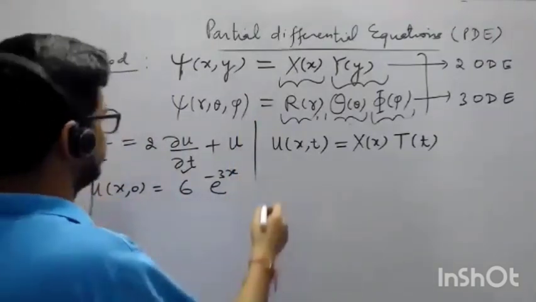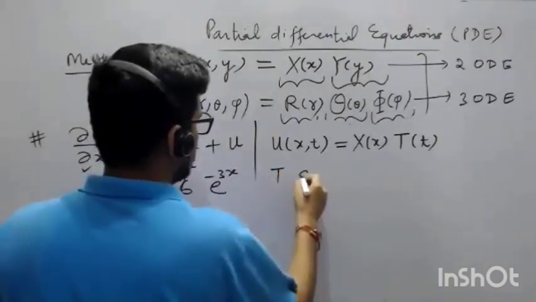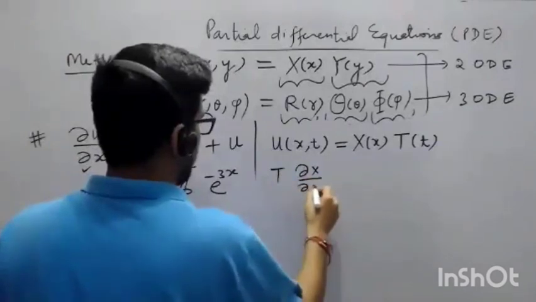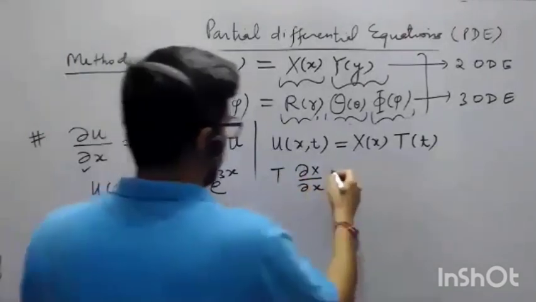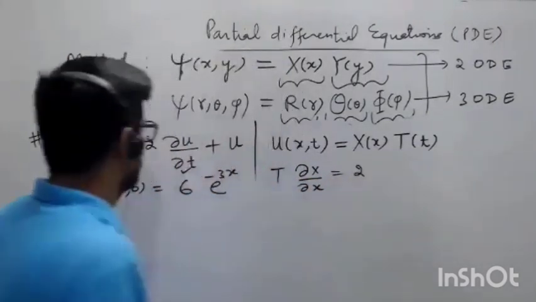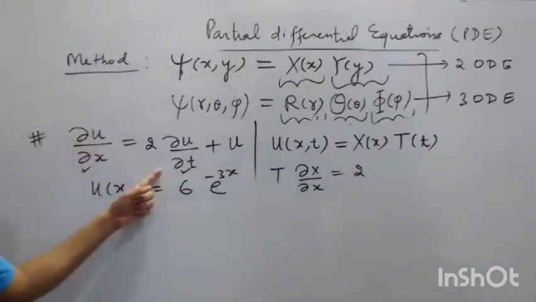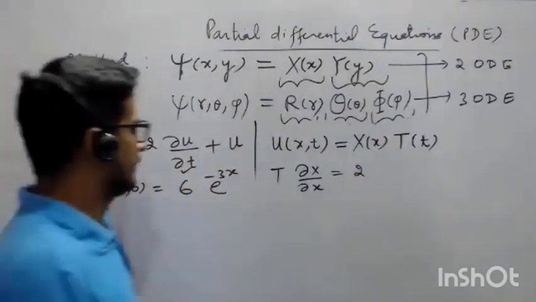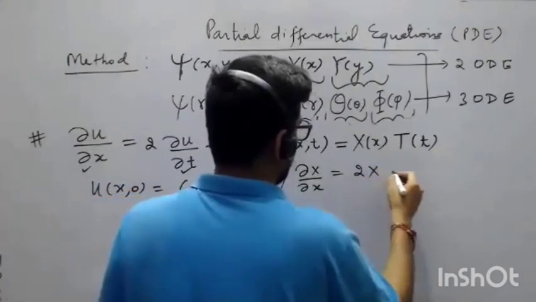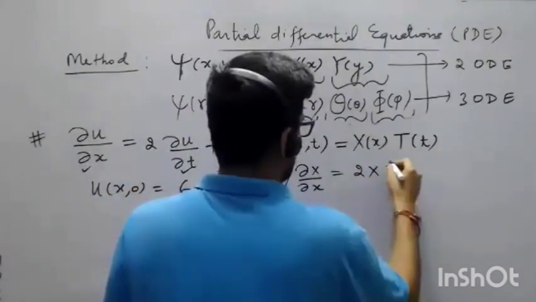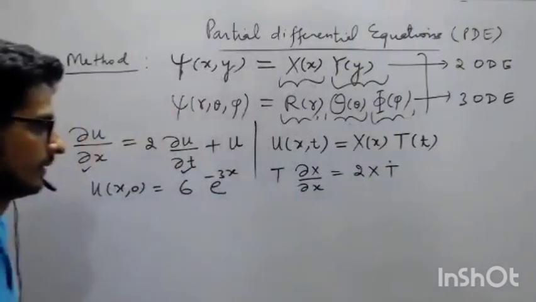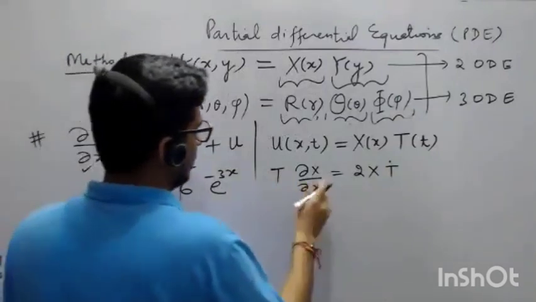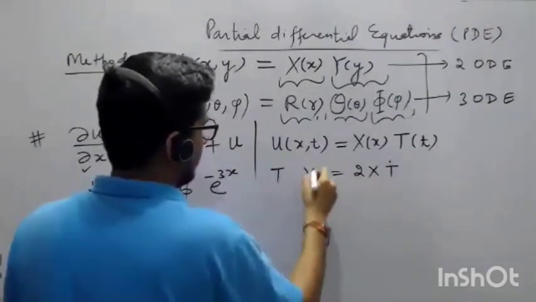So it will become t times del x by del x is equal to 2 times del u by del t. So it will become capital X times t dot, and I can also write this as x dash just to make it very simple.